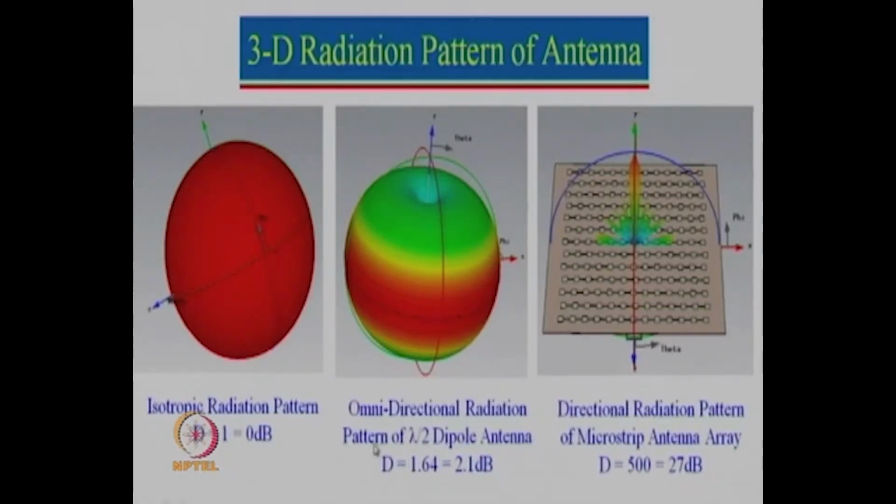Then there is a next thing which is an omnidirectional radiation pattern, and what we have shown here is for a lambda by 2 dipole antenna. So the dipole antenna is kept over here. As one can see, the red shows maximum radiation, and then it is going towards lesser and least radiation.